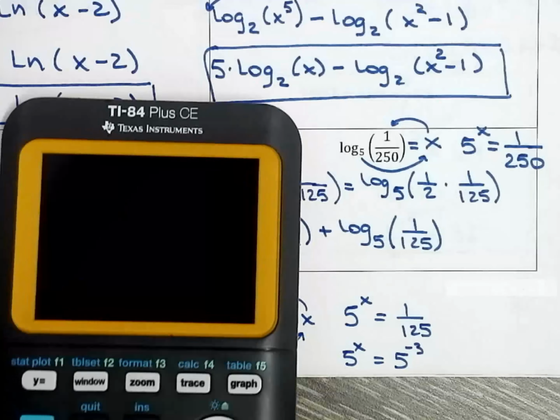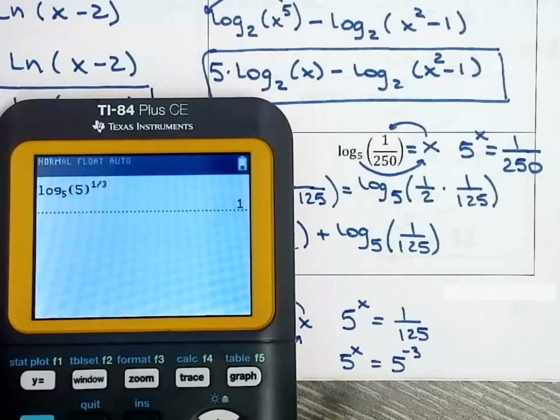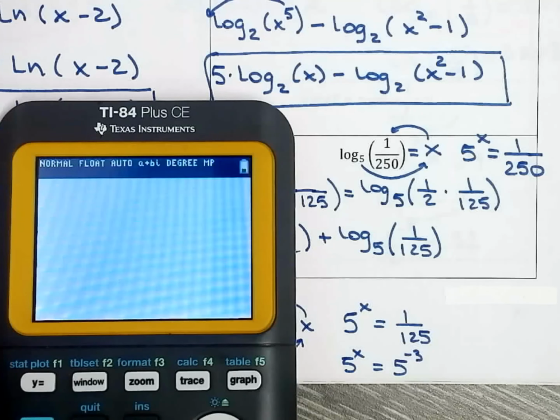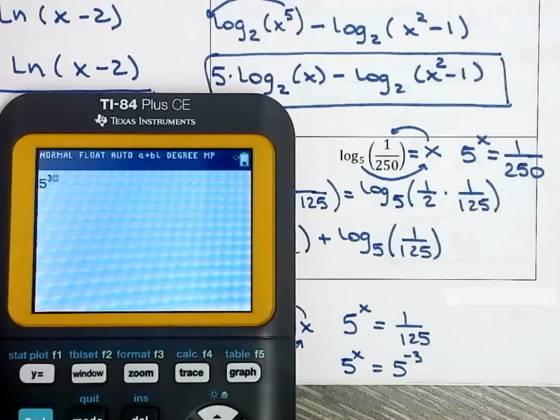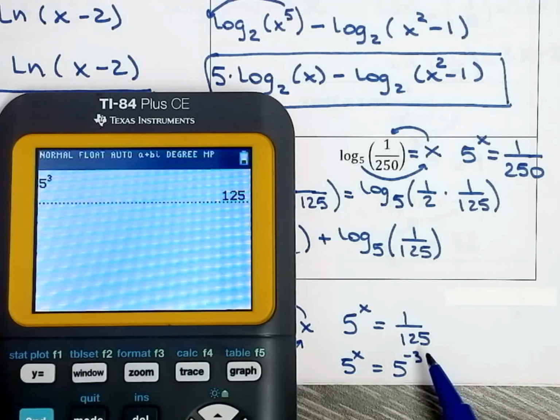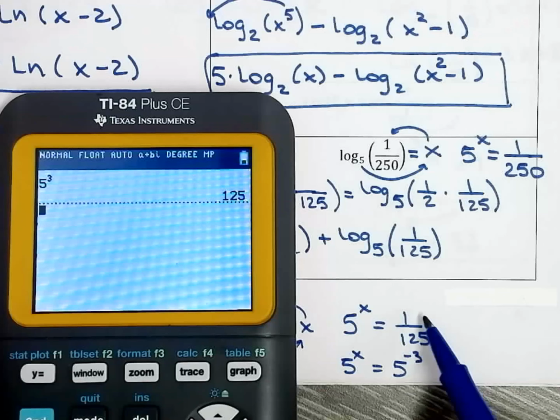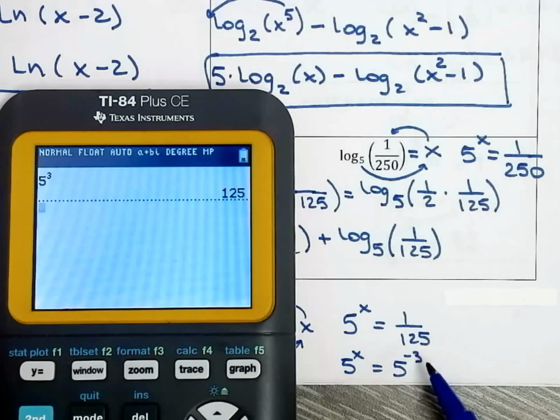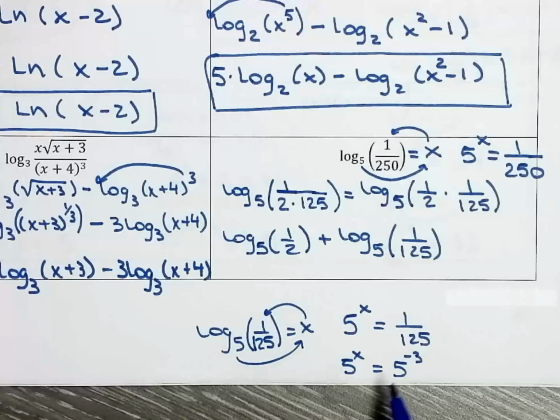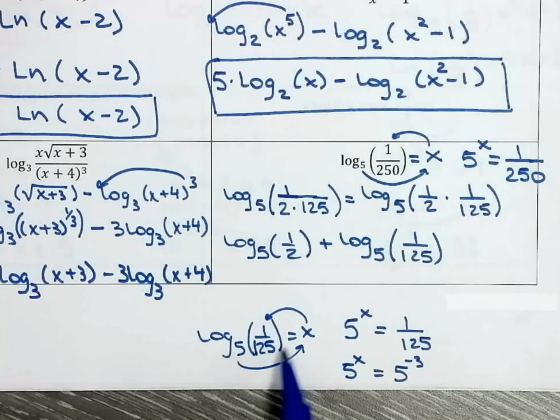You're like, how do I know that? Well, 5 cubed is 125, and a negative exponent makes the inverse. That's the reciprocal. Okay? So here I have that this whole thing equals -3.